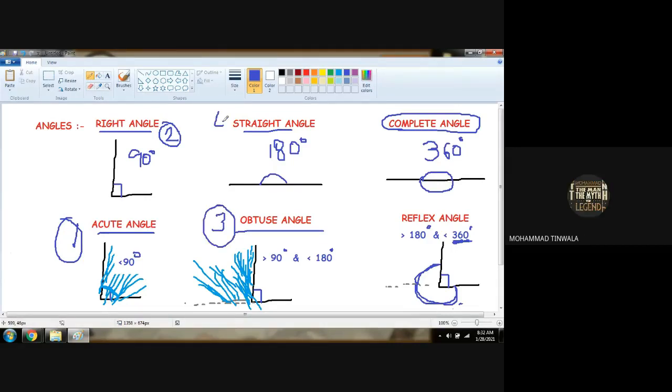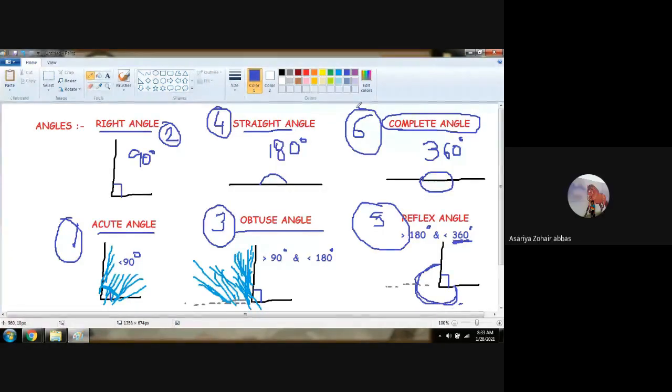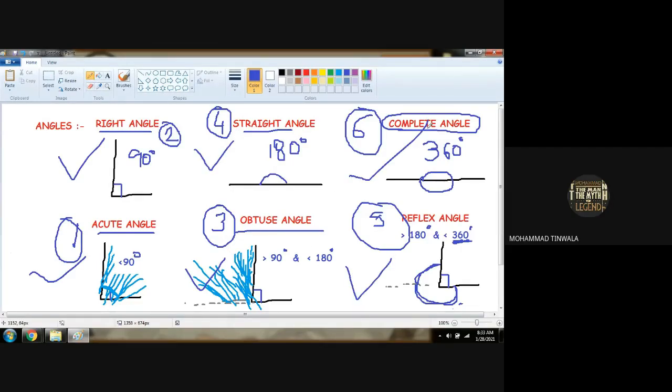Fourth angle is straight angle. Fifth angle is reflex angle. And sixth angle is complete angle. Did you understand or not? Smaller than 90, then bigger than 90, bigger than 180, and 360. Is that clear, boys? Yes, sir. Anybody has any doubt about this?